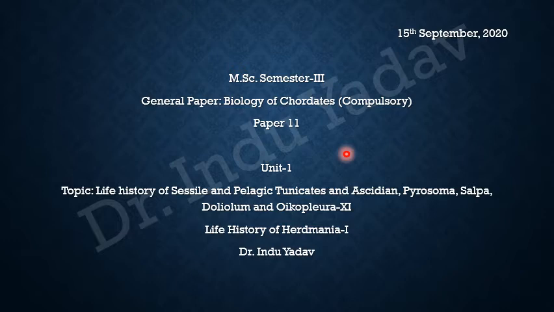As you know, we have already done the 4 animals: Pyrosoma, Salpa, Doliolum and Oikopleura, and here I am to proceed with the 5th animal, which is an Ascidian, and we will take Herdmania for representing an Ascidian. So let's do the life history of Herdmania, part 1.